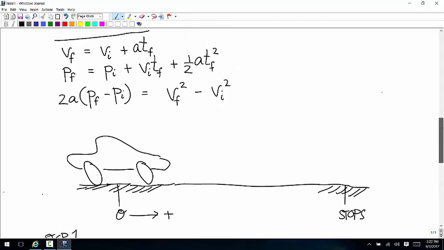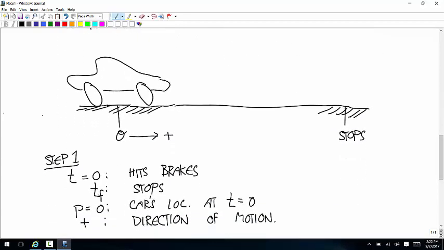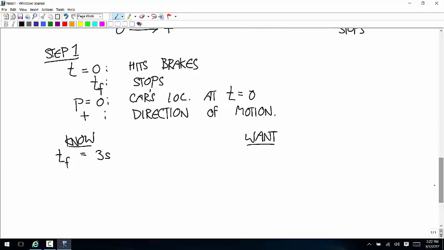Anytime we choose our position equals 0 to be the object's location when time is equal to 0, that's just like another wording of saying P initial is equal to 0. That's saying at time equals 0, the car's location is 0. That's an easy one to work with if you don't have a reason to choose anything else. So P sub I is equal to 0.